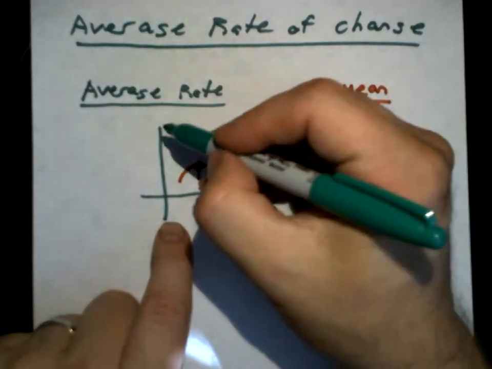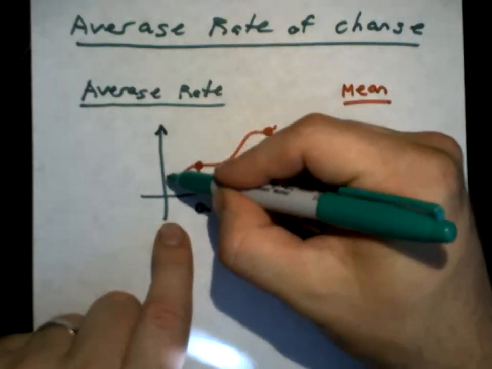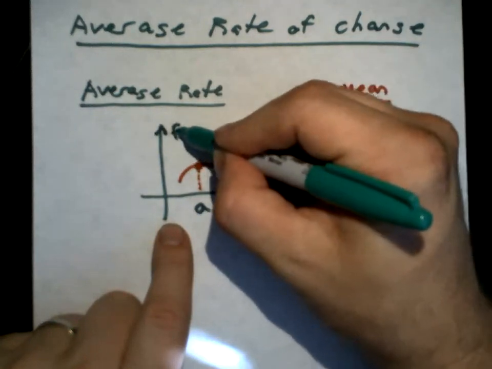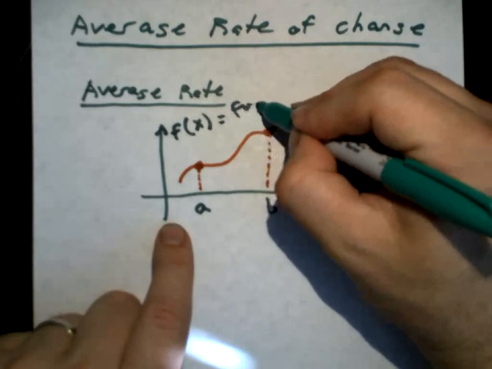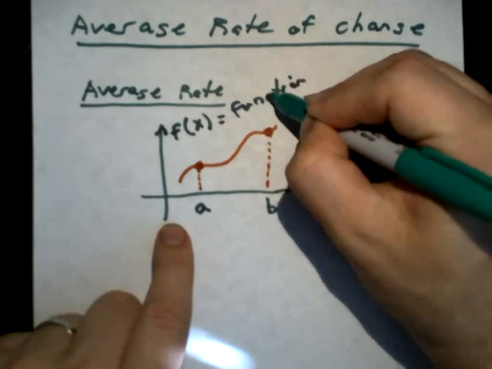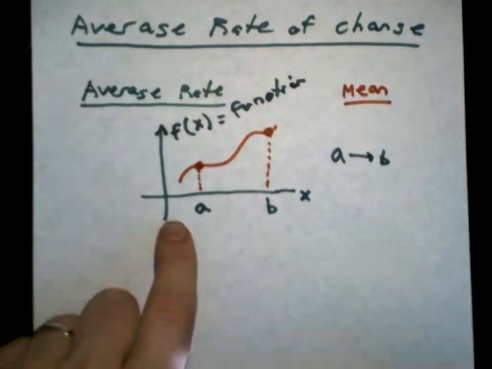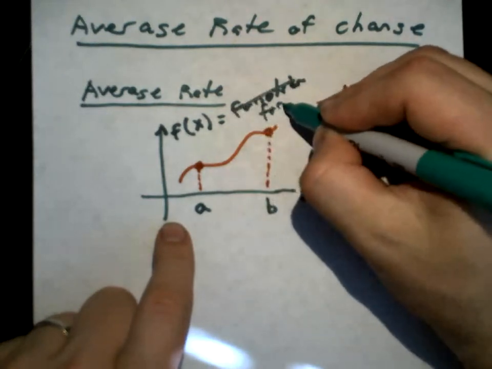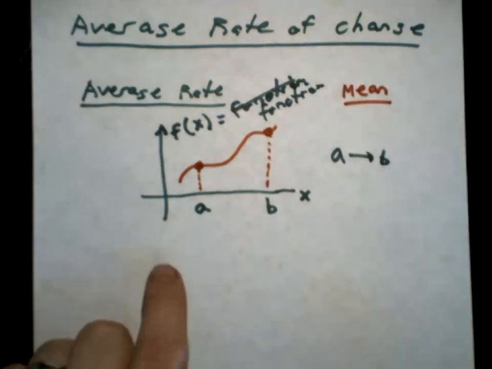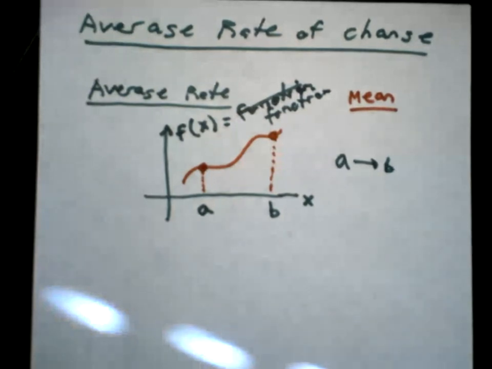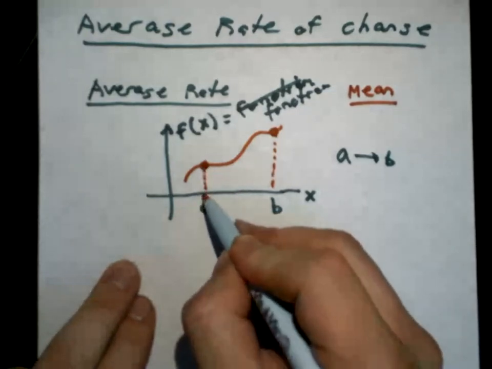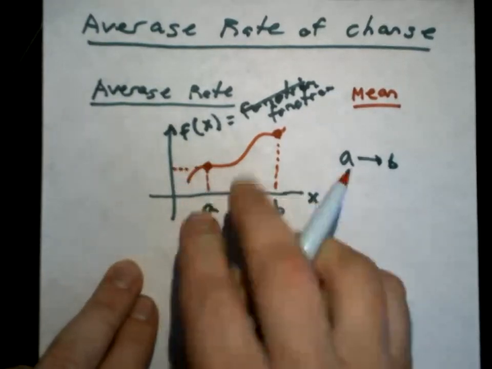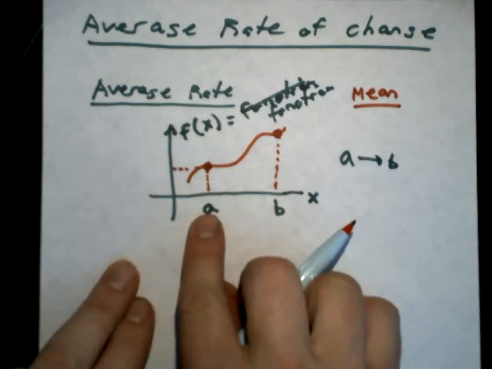Well, I want you to think about this. If this is the y-axis, or maybe you want to say my function, because technically these are functions we are looking at. It's a terrible looking function. So think about this. If this is A, what is the output on A?